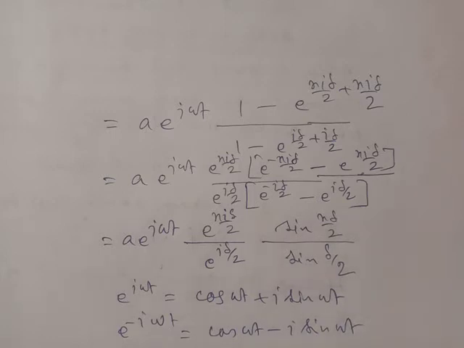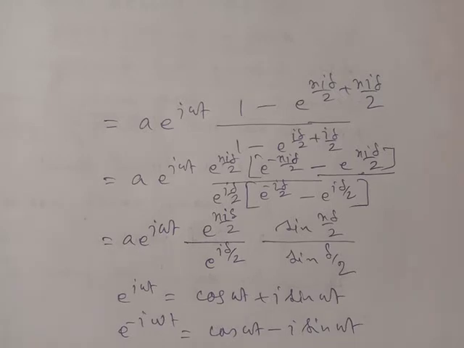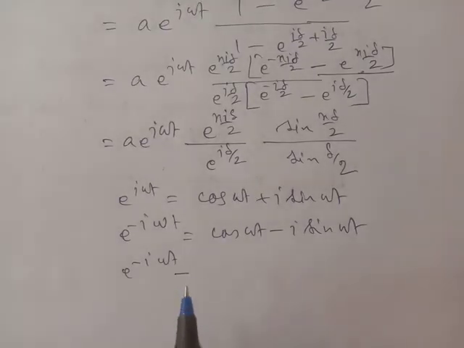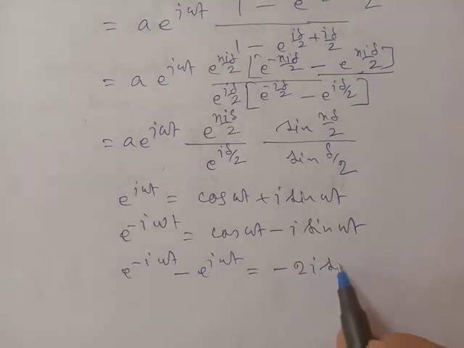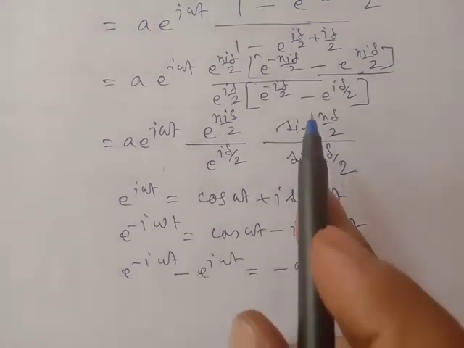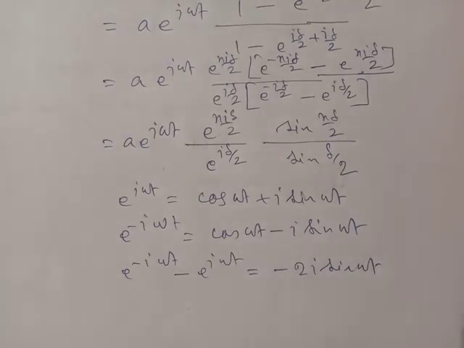So from here, if you write e to the power minus i omega t minus e to the power i omega t is equal to how much? And this will immediately give you minus twice i sine omega t. So using these expressions, that can be written like this.